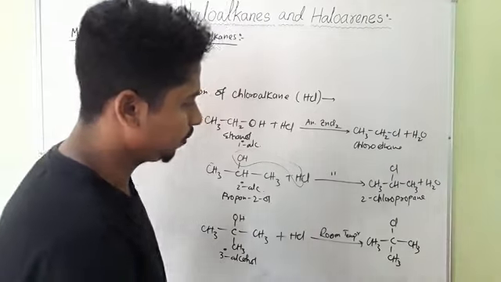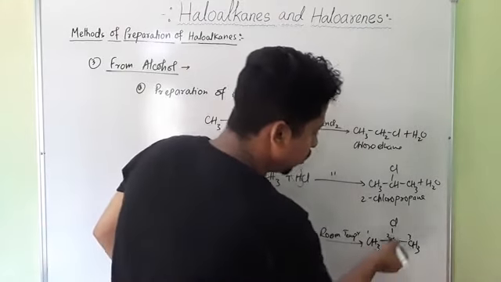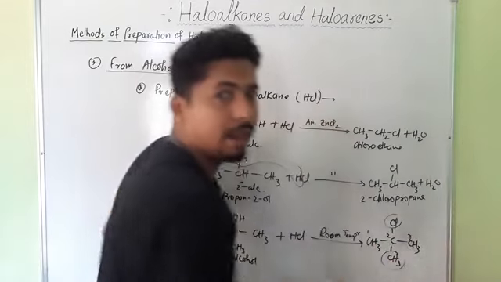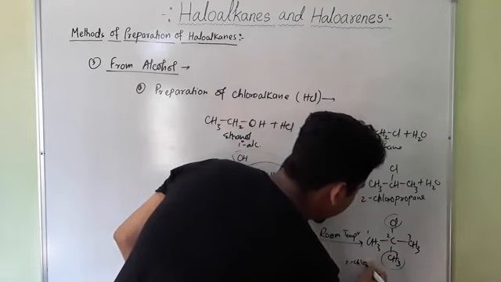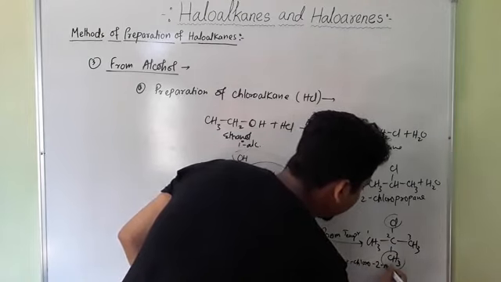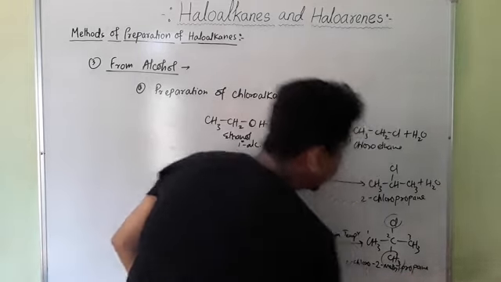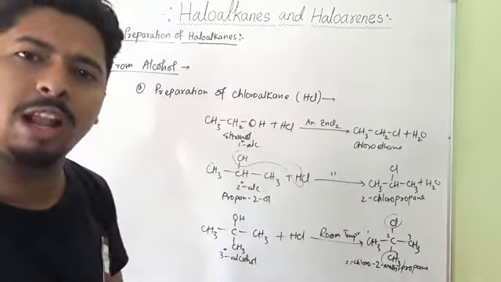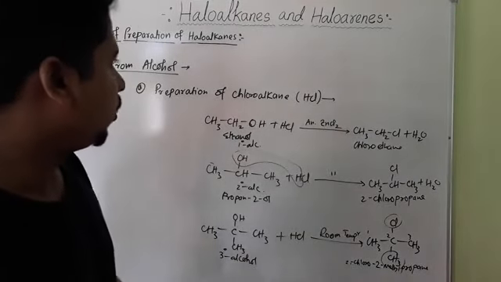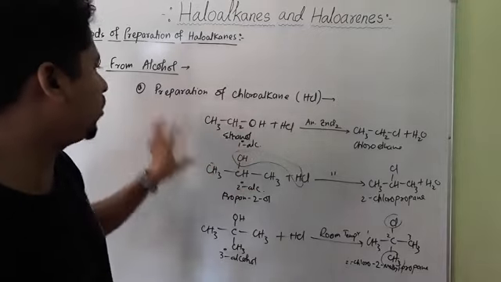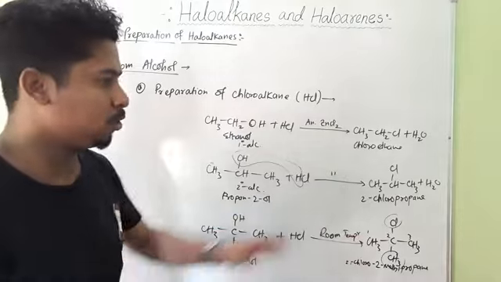This is 1, 2, 3, so 2-chloro-2-methylpropane, or you can say tert-butyl chloride. So these are the reactions from primary, secondary and tertiary alcohols, from which we can produce the corresponding haloalkane. All these are chloroalkanes.